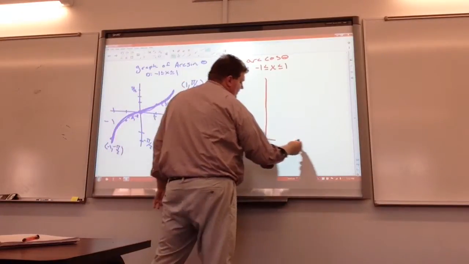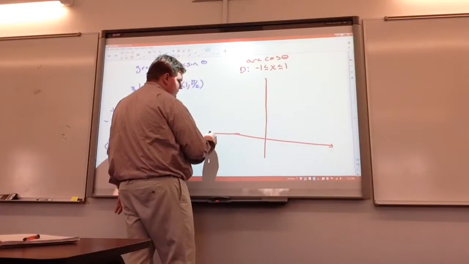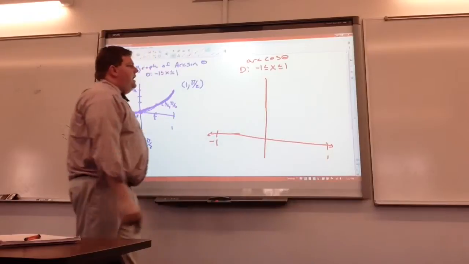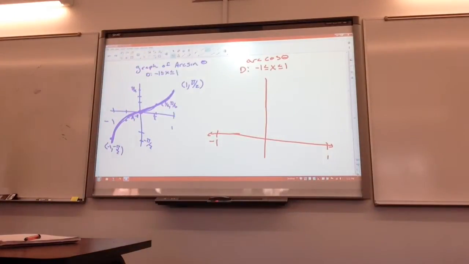This thing is never negative, because at -1, what would the cosine be? What angle gives me -1 when I do the cosine of that angle? If I start at 0, the cosine of 0 is what? It's 1, right?